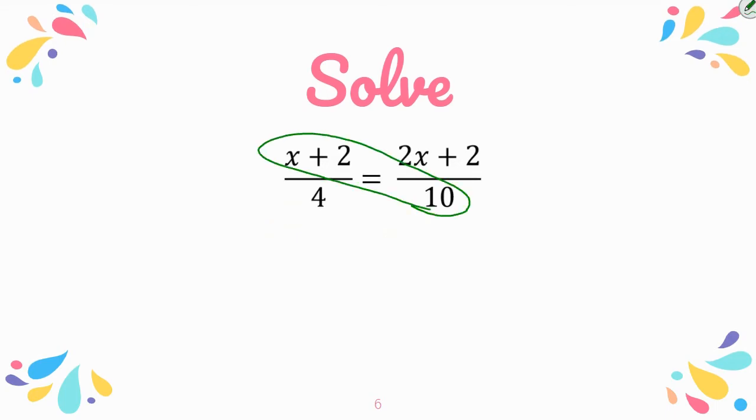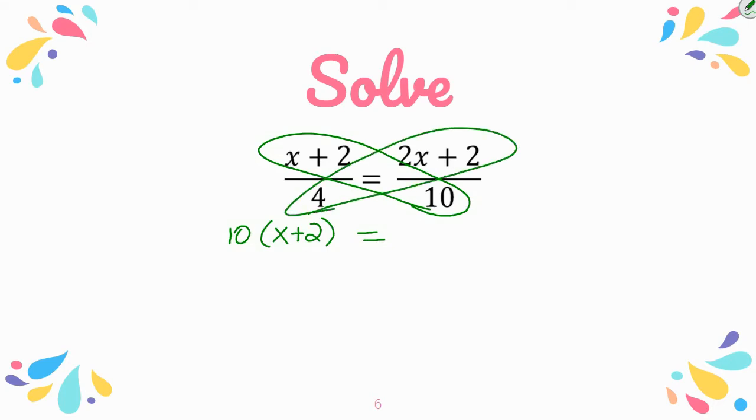10 times x plus 2. So we'll put the 10 on the outside, x plus 2 in parentheses, and set that equal to 4 times 2x plus 2. So 4 times, in parentheses, 2x plus 2. Now we can go ahead and distribute on both sides.